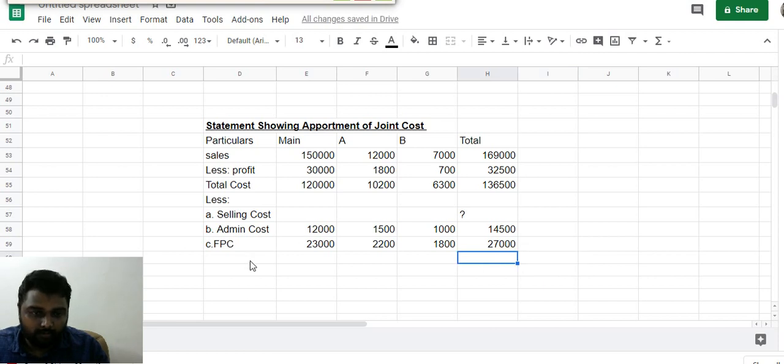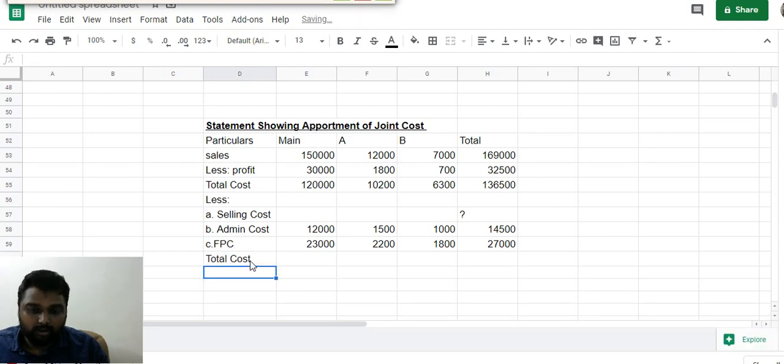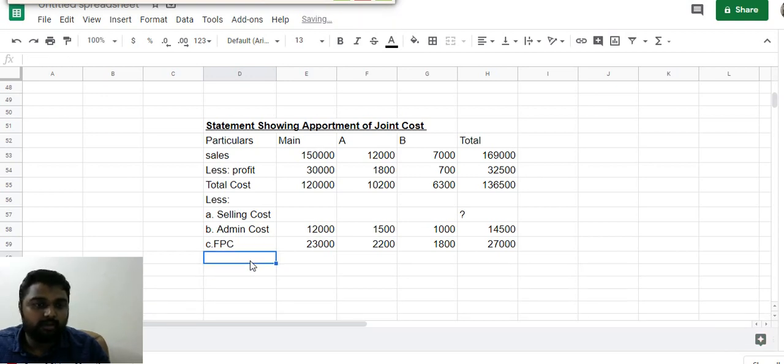Now, this will get total cost. Not total cost, one more item will come here: joint cost. This is the answer we should get.